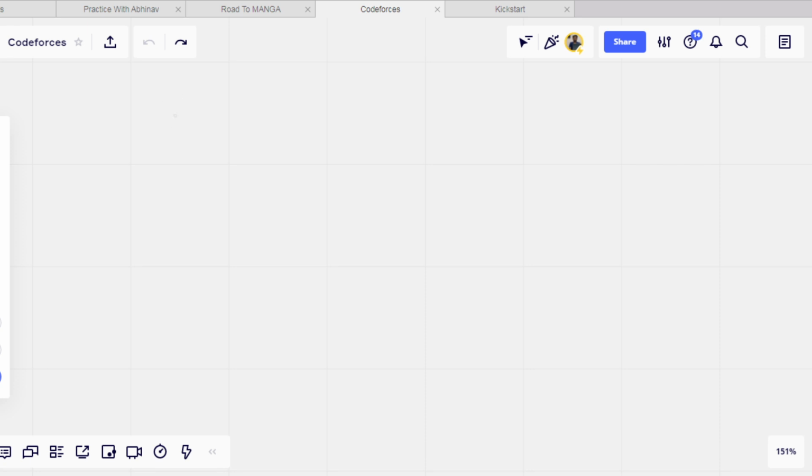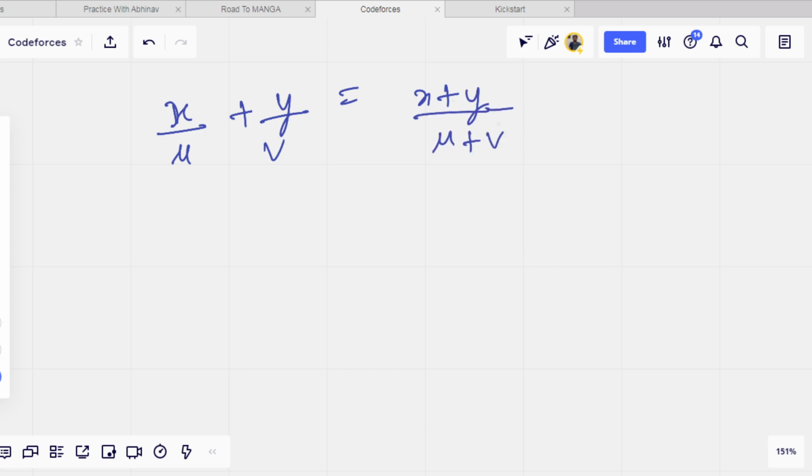If you have x by u plus y by v equal to x plus y upon u plus v, here the denominator is u plus v, there the denominator is u, and here it is v.